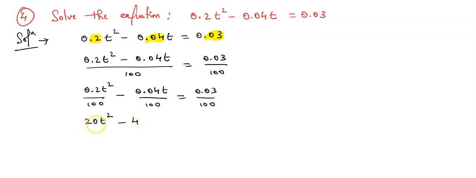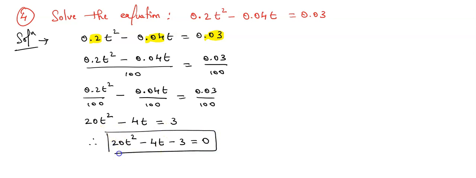Here it becomes 20.0. 20.0 means 20. Here 4.00 is nothing but 4. That is 4t is equal to 0.03 by 100 will become 3.00, that is 3. So now we can conclude by writing 20t square minus 4t, and 3 comes this side, it becomes minus 3, equal to 0. So this is the quadratic equation that we have got.